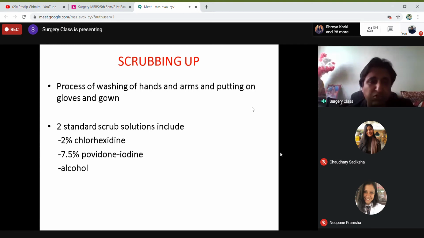Most of the time we use povidone iodine hand scrub, initially with soap and water, and then followed by povidone iodine hand scrub. Various things can be used, like 2% chlorhexidine or alcohol, but we use povidone iodine and soap.